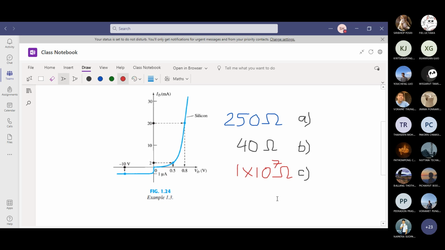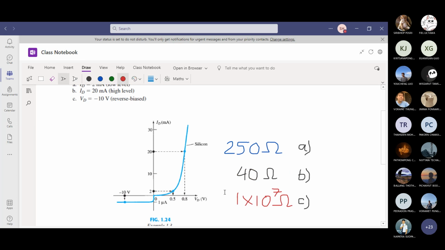Huge resistance, which is like an open circuit. And that is quite correct because the resistance is so high, there is not going to be a lot of current. There's going to be only small reverse saturation current. That is because of the minority carrier flow, which I explained in the last class.